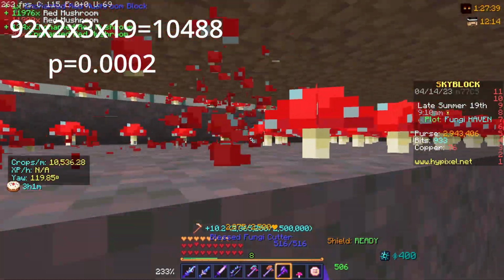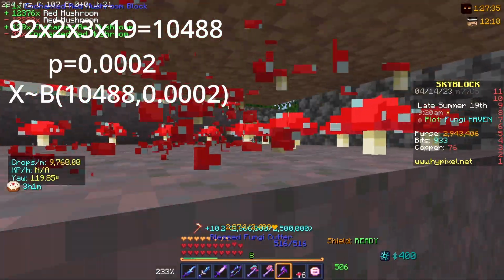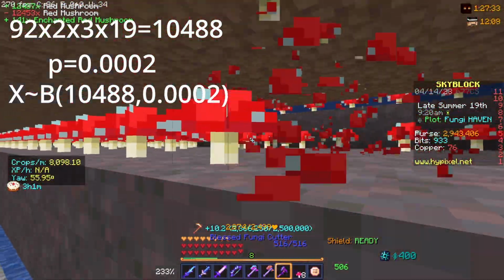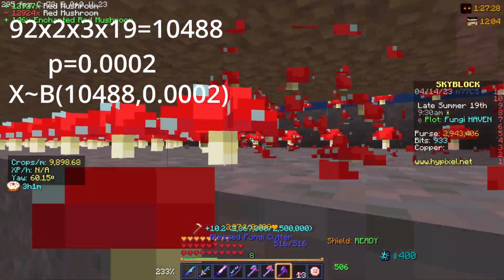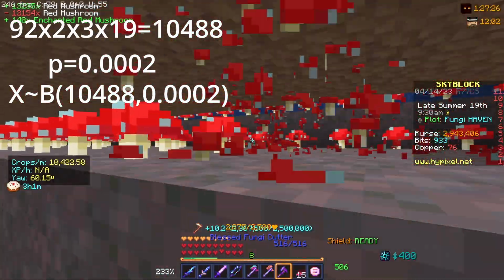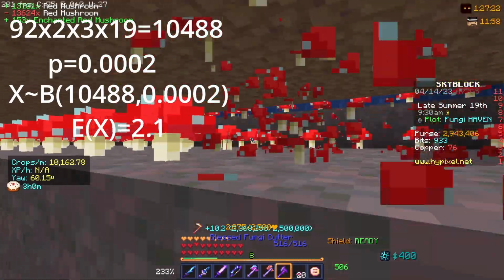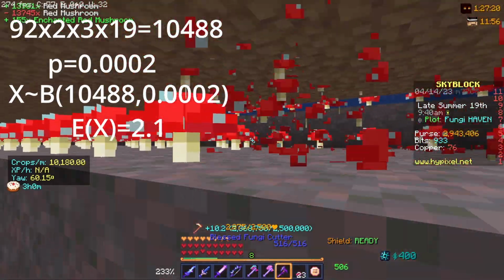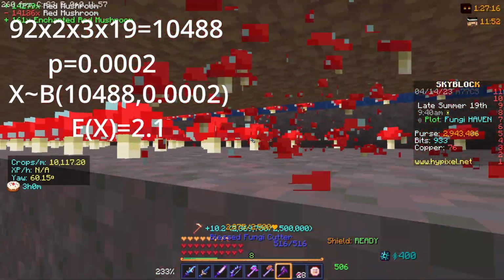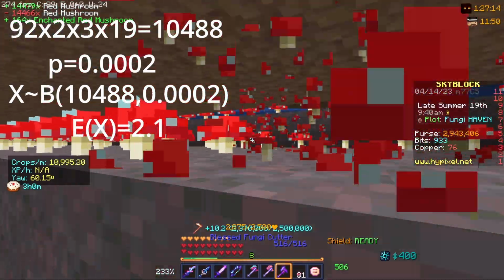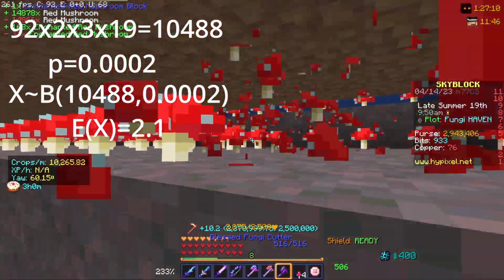Our expected value with this binomial distribution is simply the number of trials multiplied by the success percentage, which is 2.1 squashes. So it can be expected that after I farm the complete farm, the expected number of squashes dropped should be around 2.1.